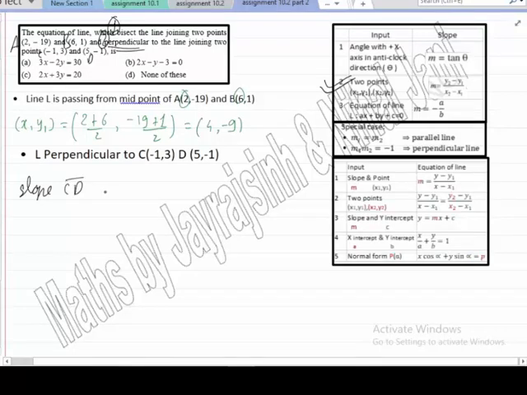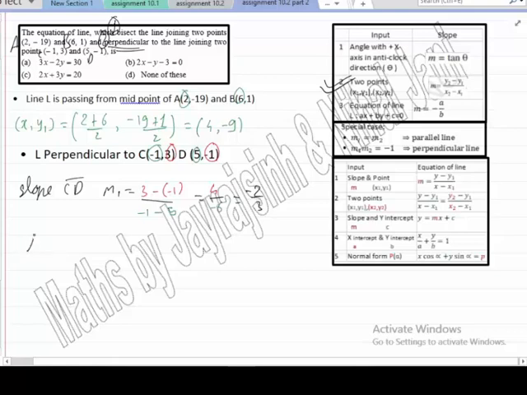Slope of CD, let's call it M1, is the difference of y, 3 minus -1, upon the difference of x, 5 minus -1. So we get -1 minus 5, and the slope of CD will be 4 upon -6, or we can say -2 by 3.